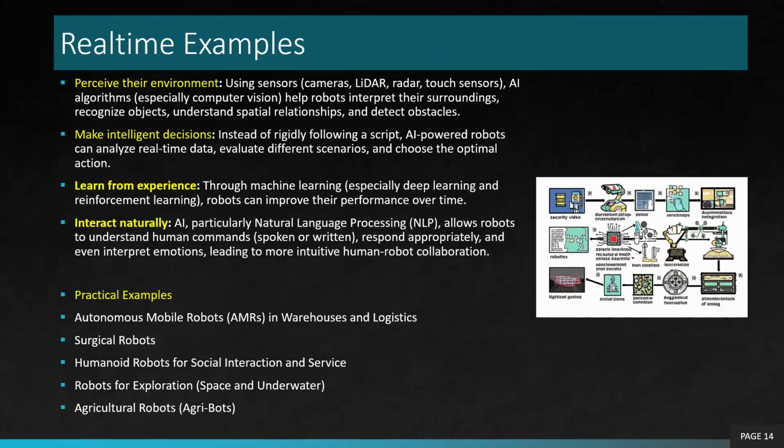So what are the real-time examples? They perceive their environment. How do they do that? Using sensors, cameras, etc. They make intelligent decisions. That is the difference from the earlier robotic process automation and the robotics we are talking about. They learn from experience, which is the typical machine learning, deep learning, and reinforcement learning situation, and interact naturally.